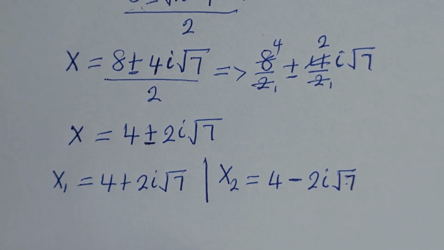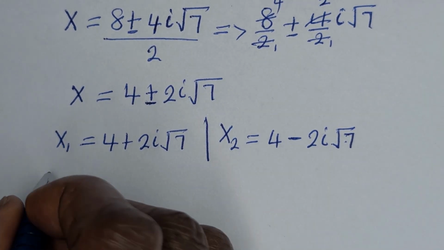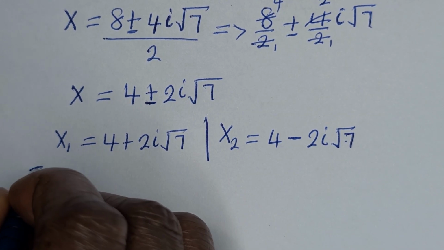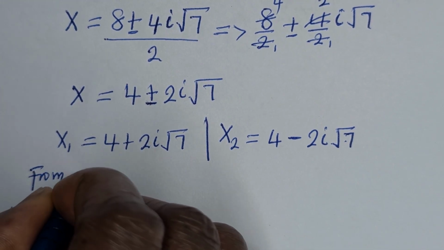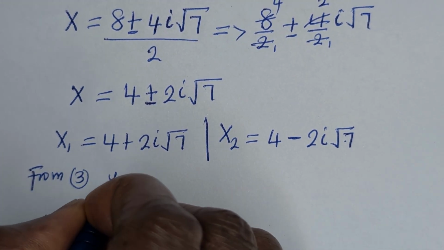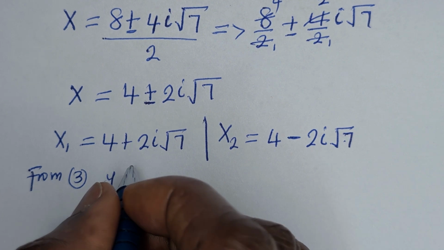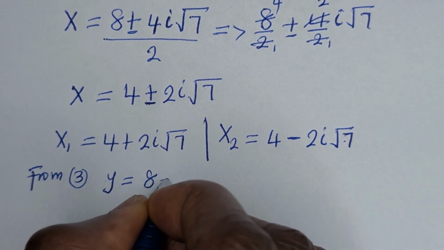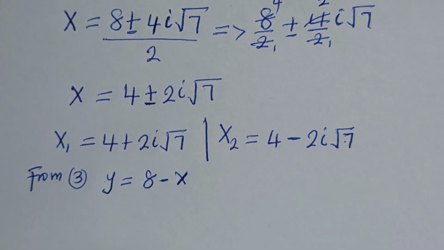These are the values of s. Let us solve for y. To solve for y from equation 3, y is equal to 8 minus s.